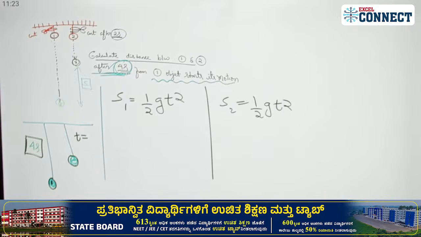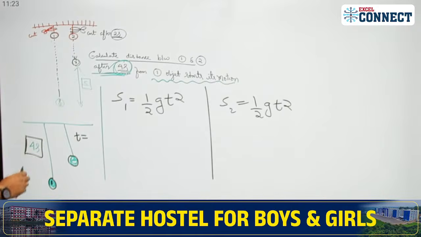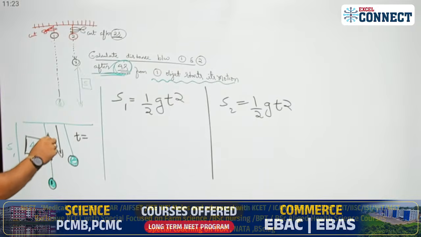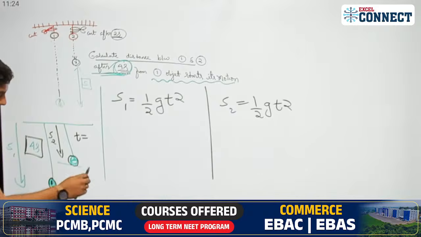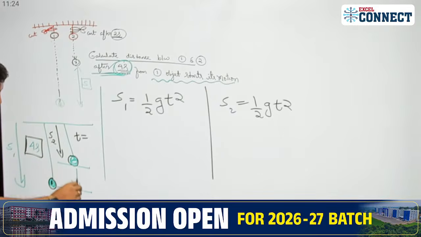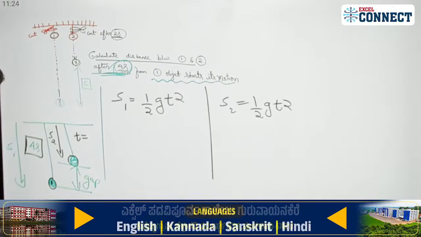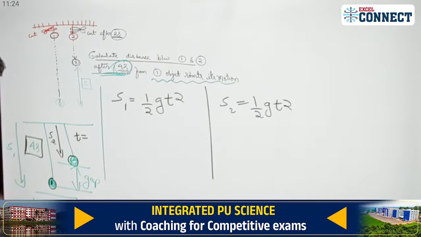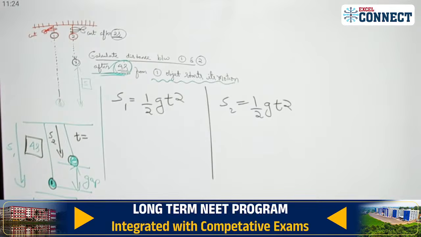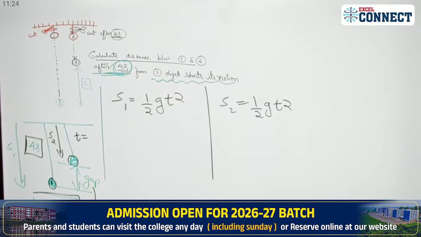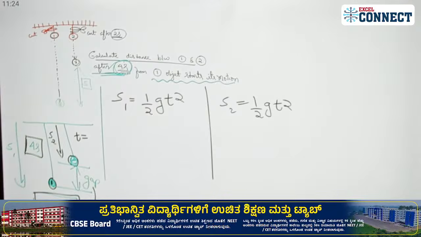So distance traveled by the first object is S1, distance traveled by the second object is S2. If you want to find the gap, this is nothing but S1 minus S2, right? Larger distance minus smaller distance, you will get the gap. So now what is the time here?